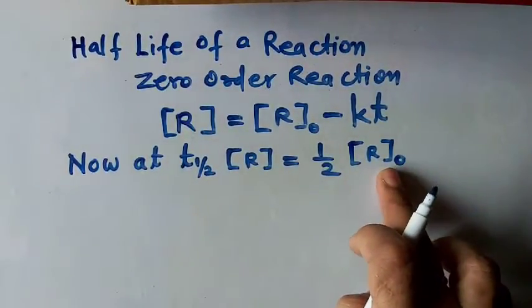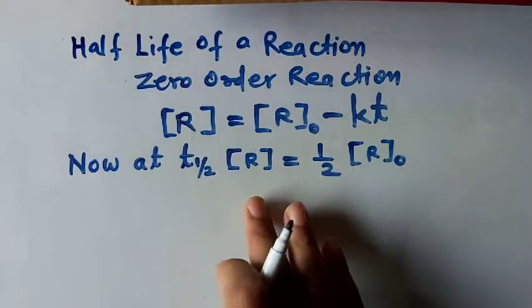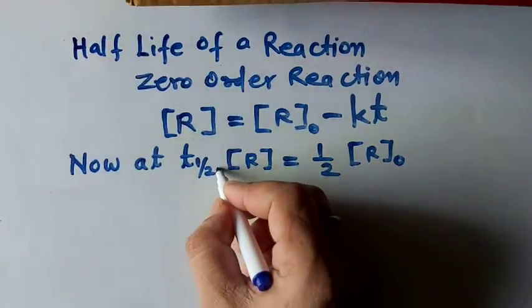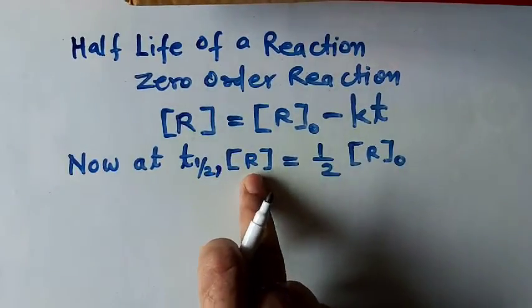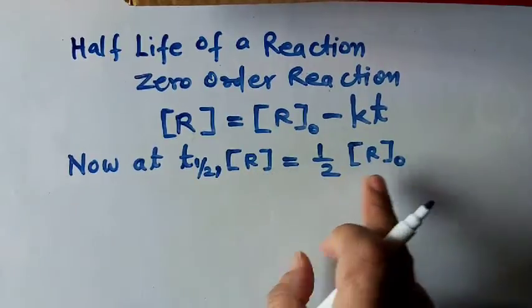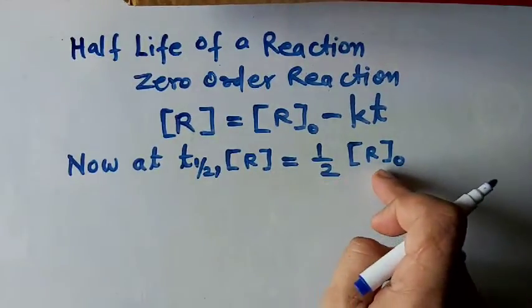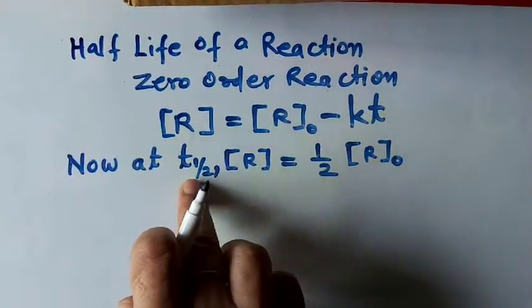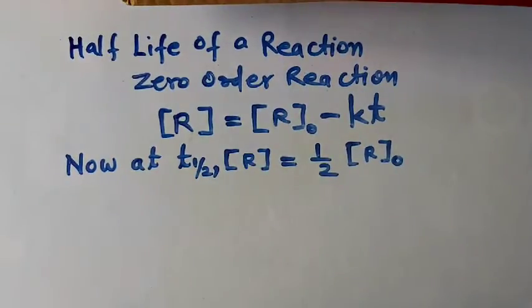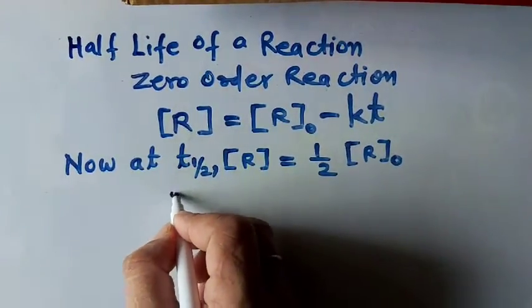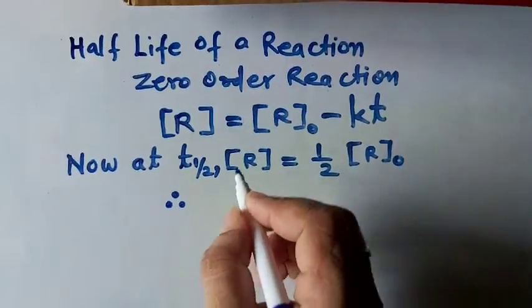This is the initial concentration. This is how it is going to be represented. Now the concentration is equal to half of the initial concentration when the time has passed half. So it can be rewritten as this.